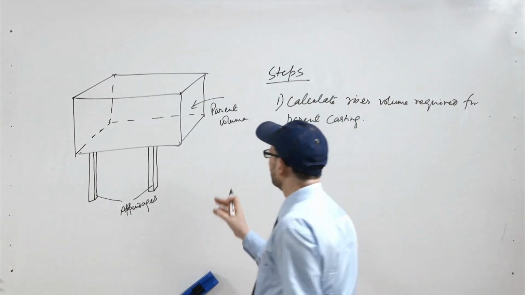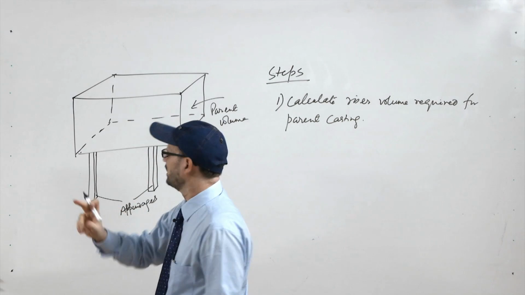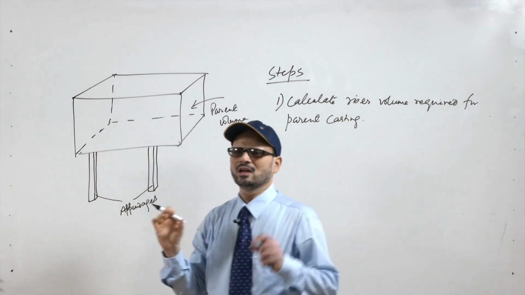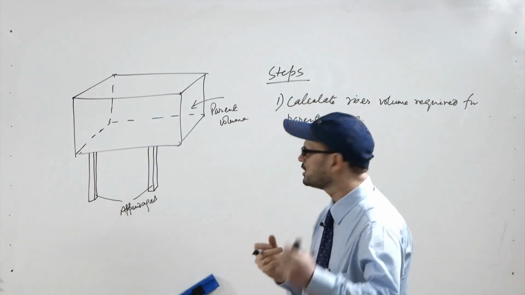You have to find it using the shape factor method; first of all for this casting you will find the riser volume required.